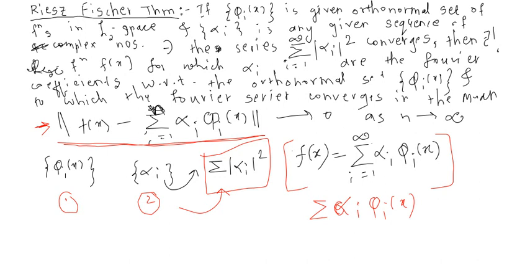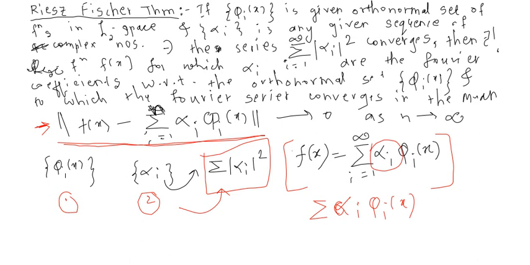These alpha i's are nothing but the Fourier coefficients of the function to which this series is converging. Okay, this is very important, that these alpha i's are the Fourier coefficients of the function to which this particular series is converging.